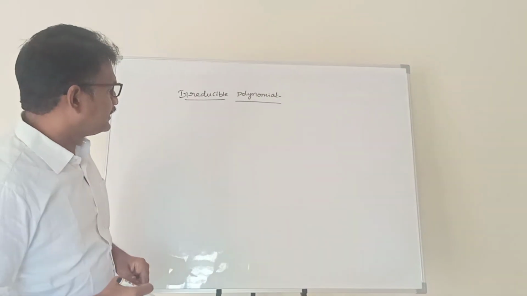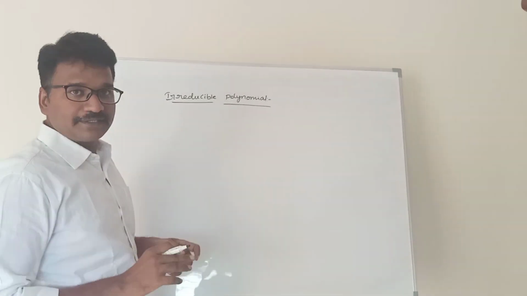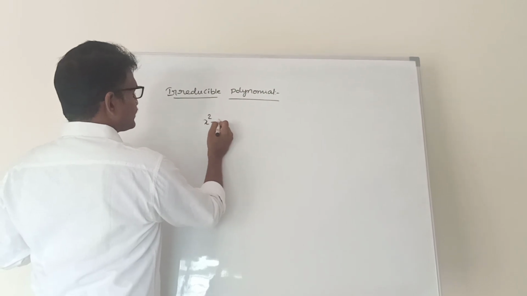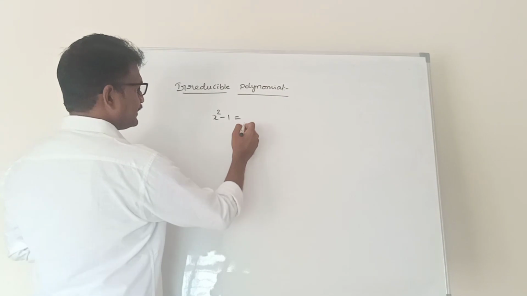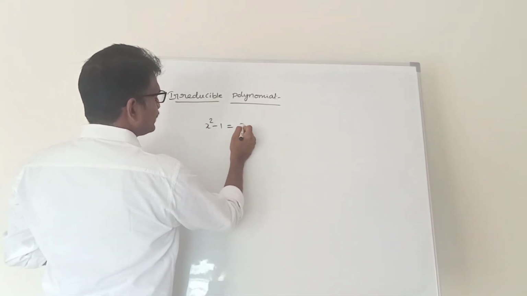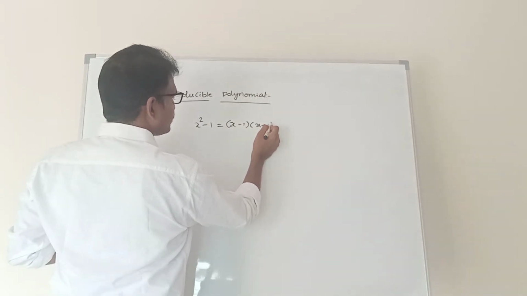Irreducible polynomial. What does irreducible polynomial mean? The name itself tells us. Suppose you take x square minus 1. This is a quadratic polynomial, and we can split it into two parts, x minus 1 into x plus 1.